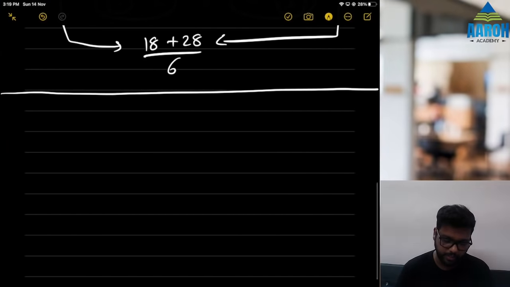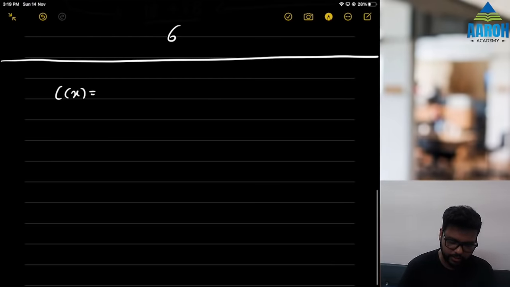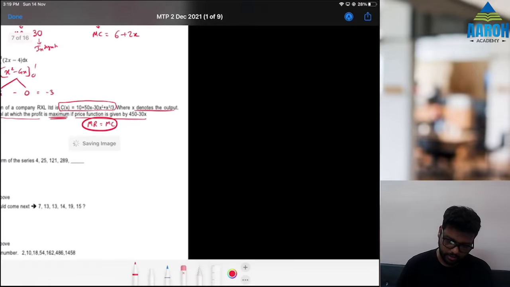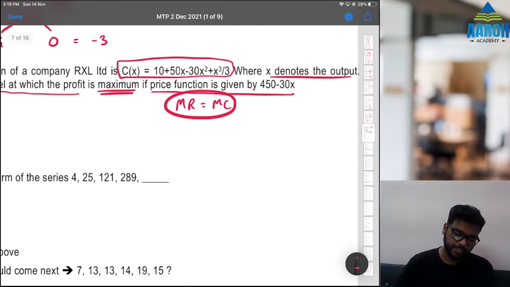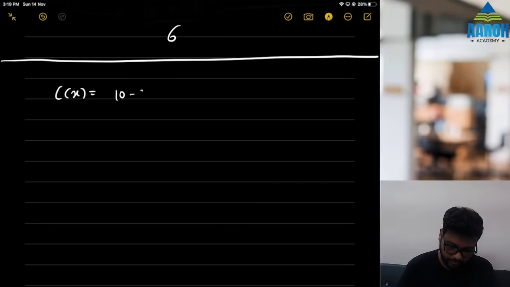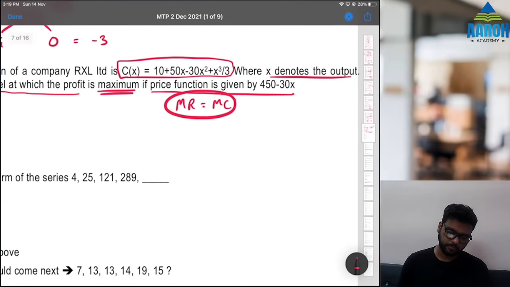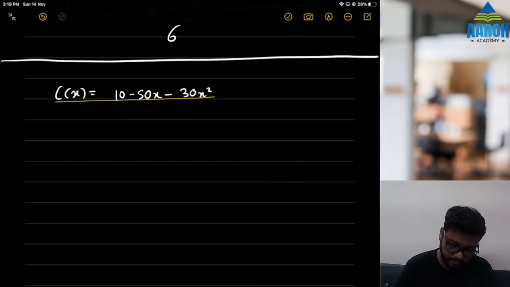Let's understand very carefully. Cost is given as what? 10 plus 50x minus 30x square plus x cube by 3.